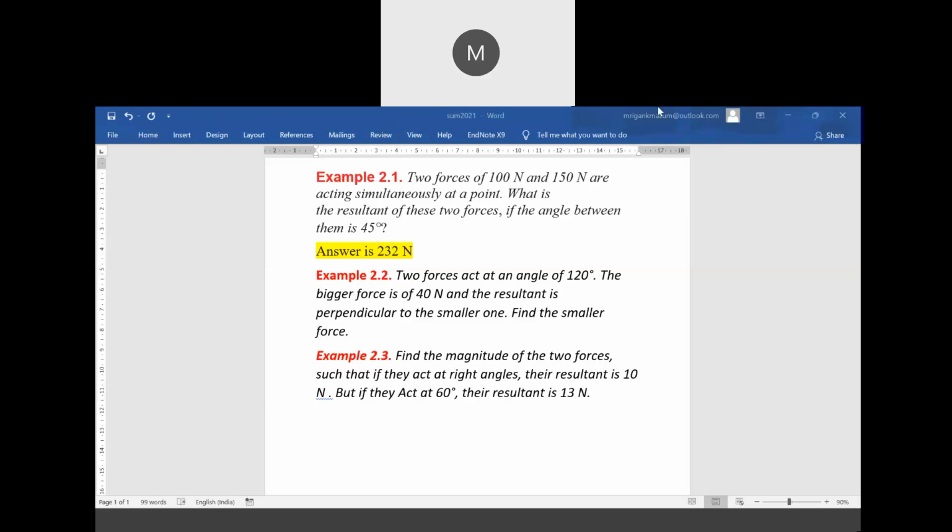Is anyone able to solve it? Someone please respond. No, sir. What about others? Are you able to solve it?